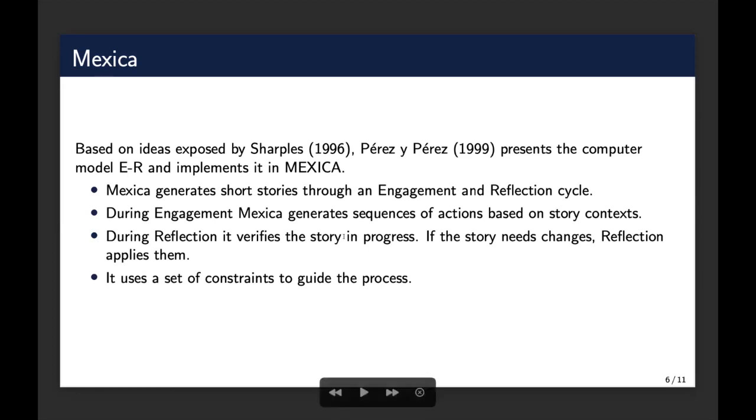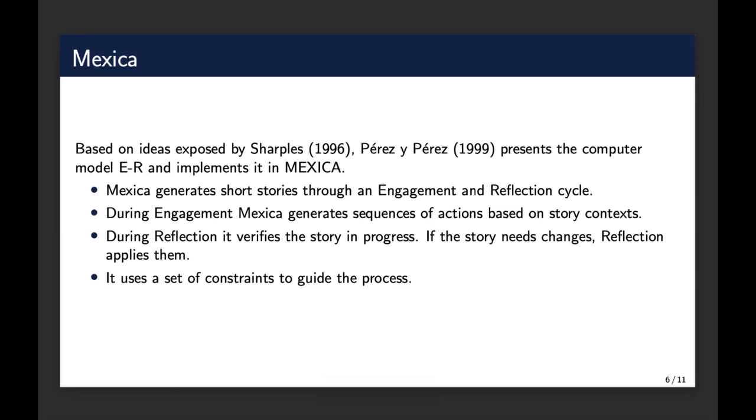Then Pérez presents a computational model of this engagement and reflection model and implements it in Mexica. So it has the same notion of engagement and reflection cycle stages, and the system produces a story using these two stages.